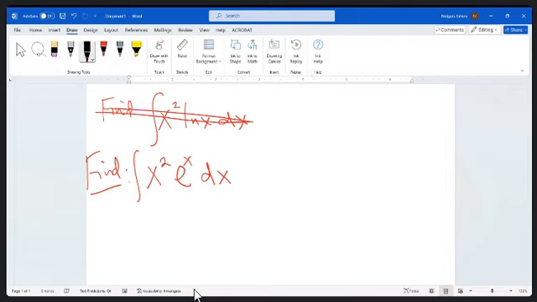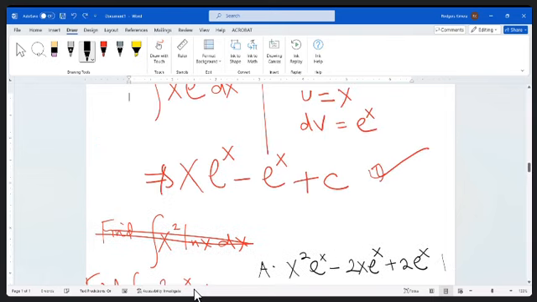Wait, let me get my pen here. We get x squared e power x, minus 2x e raised to power x, then again plus 2e power x, plus c.